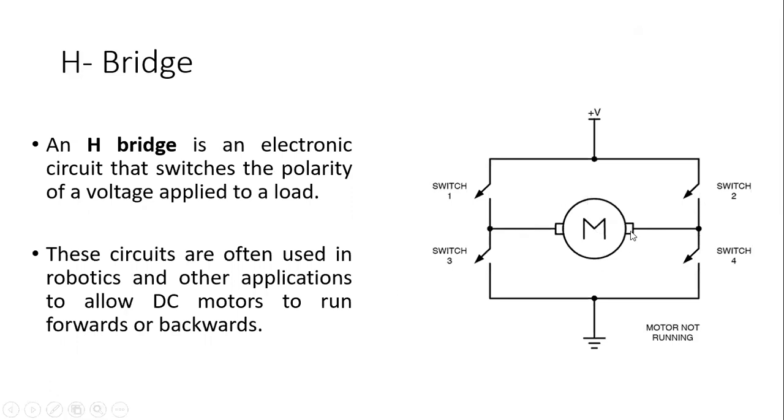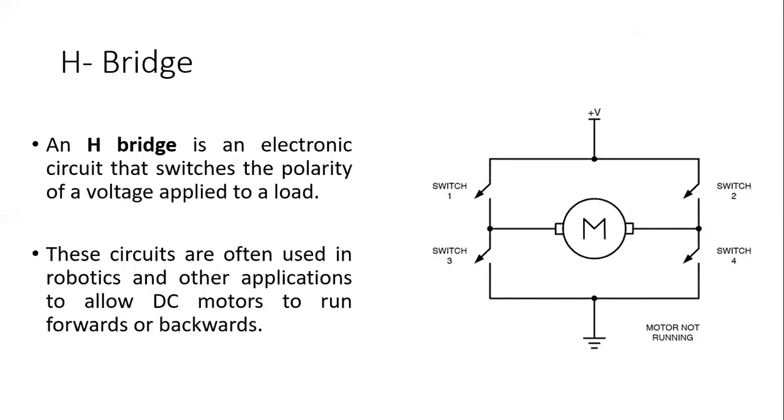Depending on the switch pressed, the plus and minus signals will be applied to the armature of the machine, and based on that, the motor will rotate either in the clockwise or anti-clockwise direction. In the given condition where no switches are pressed, the motor will not rotate. The motor will be in a standstill condition.